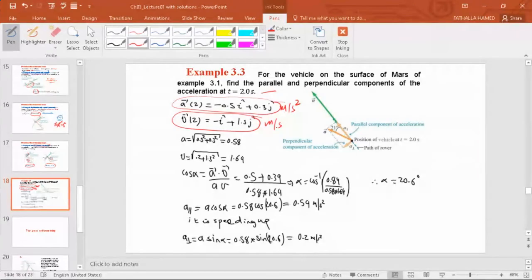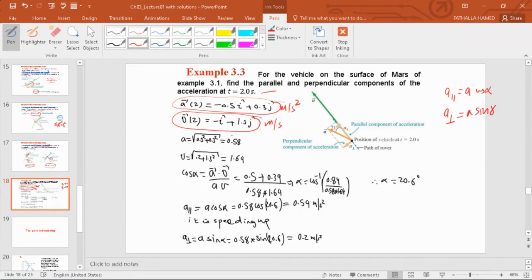And they want us to find the components. Remember what we said in the previous slide: A parallel should equal A cosine alpha, and A perpendicular should be equal to A sine alpha. So we want to find alpha. And I told you that cosine alpha should equal A dot V over AV, where A here is the magnitude.